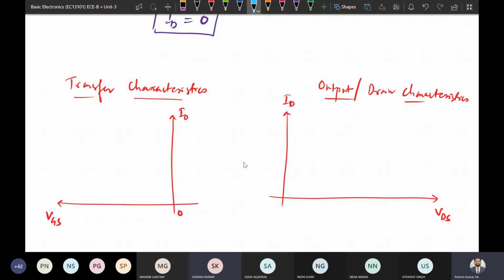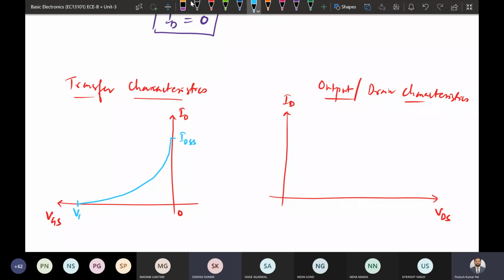As we come to the analysis, when gate to source voltage equals 0, the current is maximum, that is called the IDSS current. As we increase the gate to source voltage in the negative direction, the current is going to reduce, and at a point the current value will be 0.